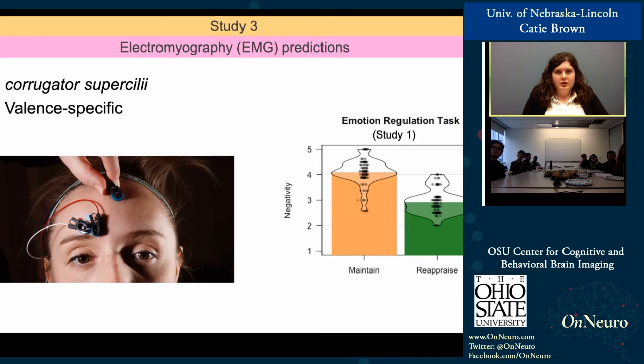If our participants do actually feel less negative when they're reappraising, and they're not just telling us what they think we want to hear, we would see decreased EMG during reappraisal, because the decreased EMG, the muscle relaxation, is associated with positivity. Similarly, we would expect to see increased EMG during the maintained blocks, because from baseline, they would be experiencing negativity and would show that muscle contraction of the corrugator here.